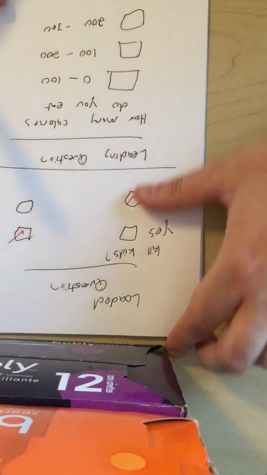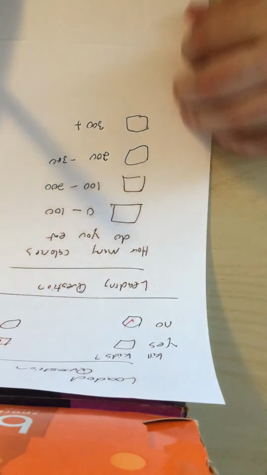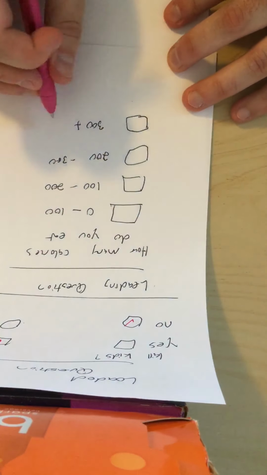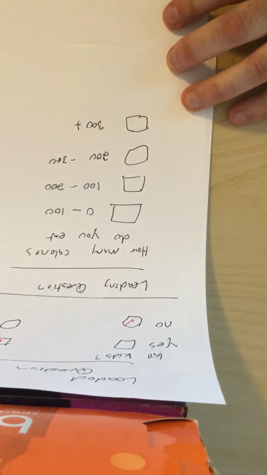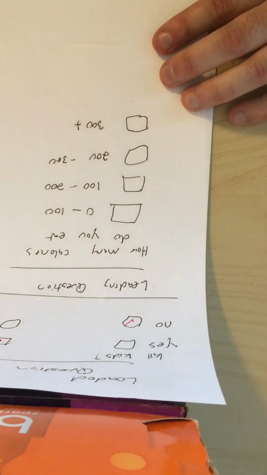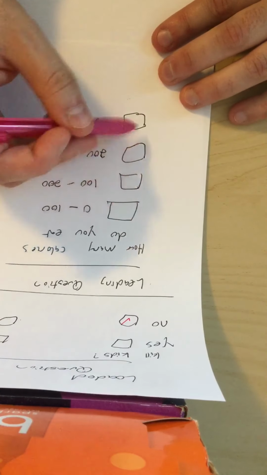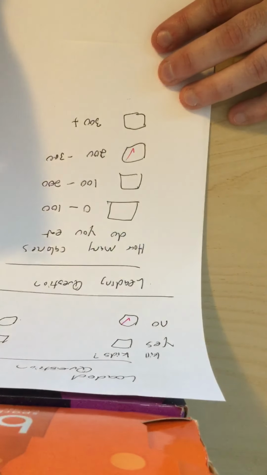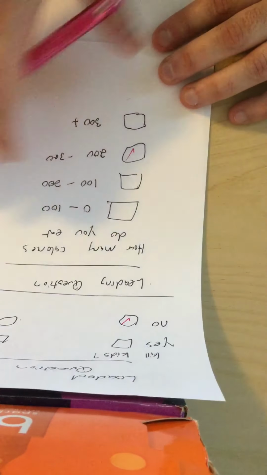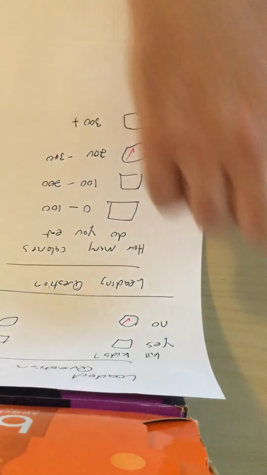The answer, by the way, is we pretty much all eat more than 300 calories. But let's say you didn't know that. A lot of people don't want to look stupid, and they don't really know how many calories they eat. And so they would probably pick one of the middle ones and say, yeah, that sounds about right. So a leading question kind of guides you towards some answers, right?